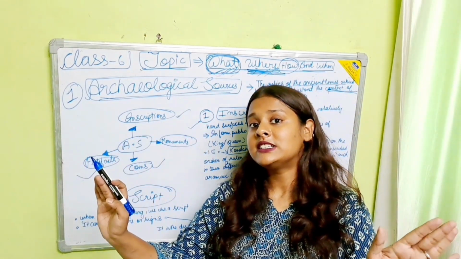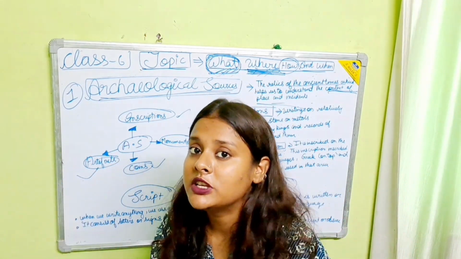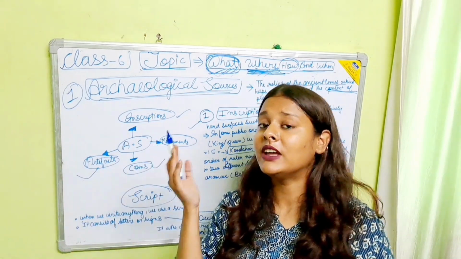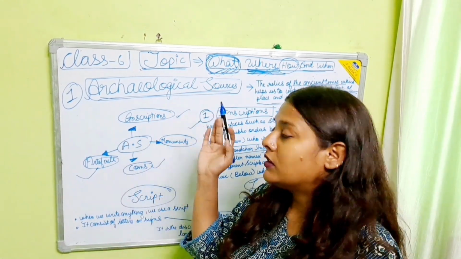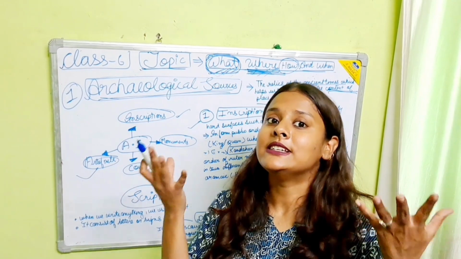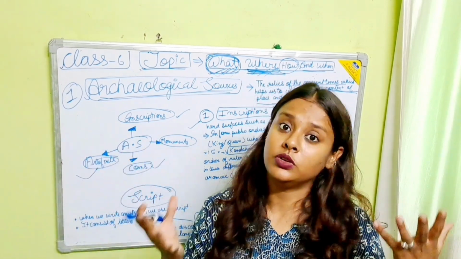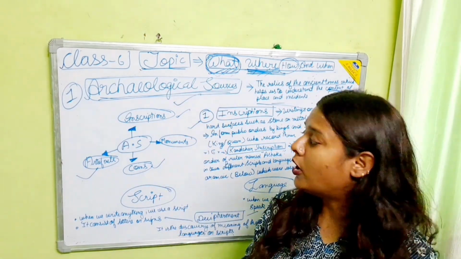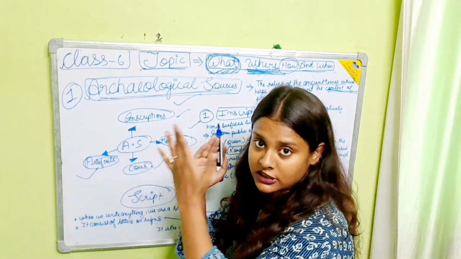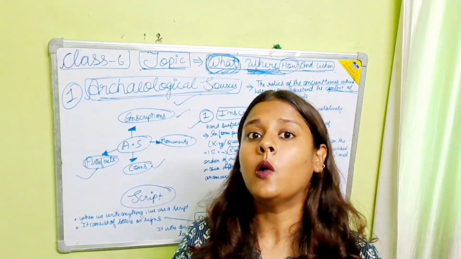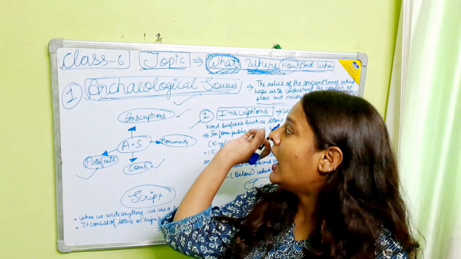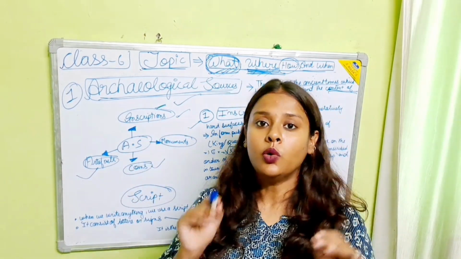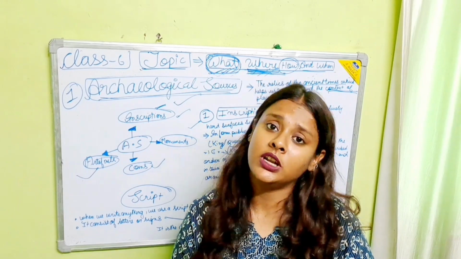In prehistory, no written records were found, and the study of that period can only be done through archaeological evidence, which can be found in the form of inscriptions, monuments, coins and artifacts. But as of now, in your NCERT, the only archaeological evidence prescribed is inscription. So we are going to discuss inscriptions in detail.